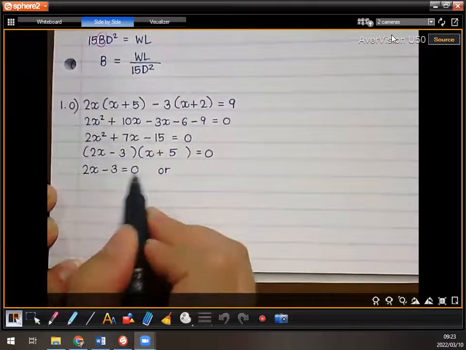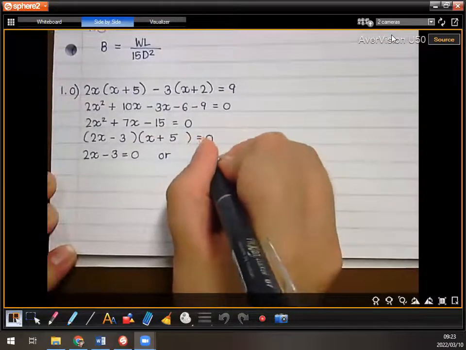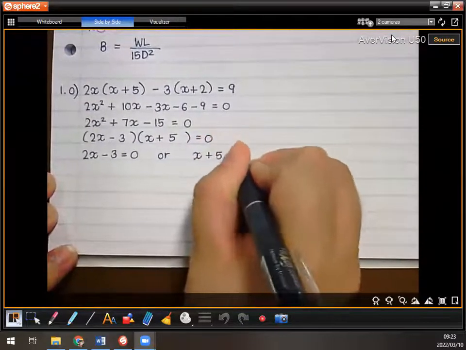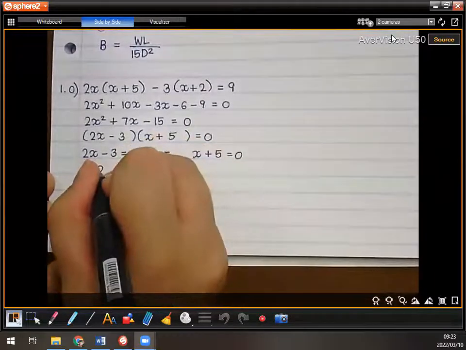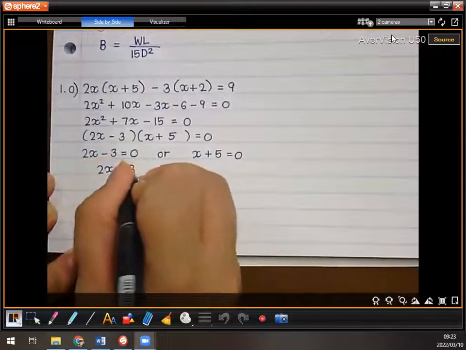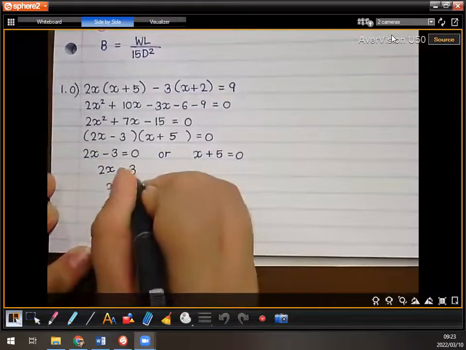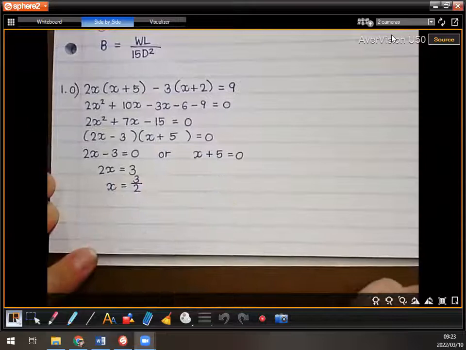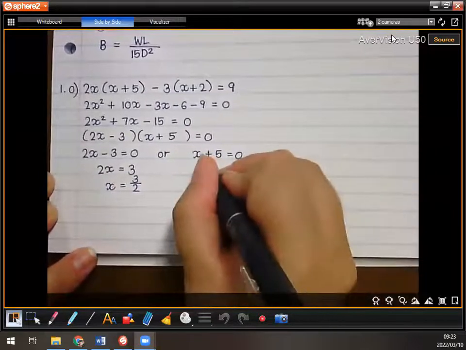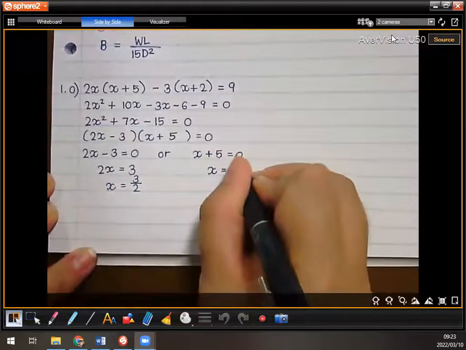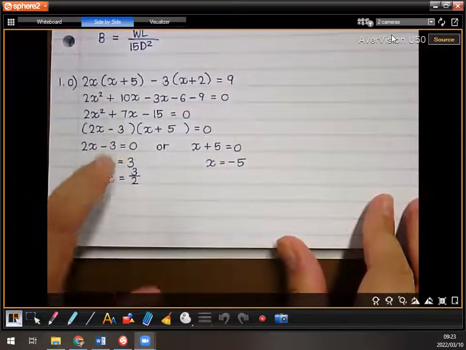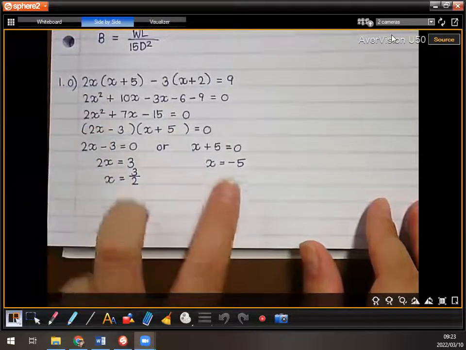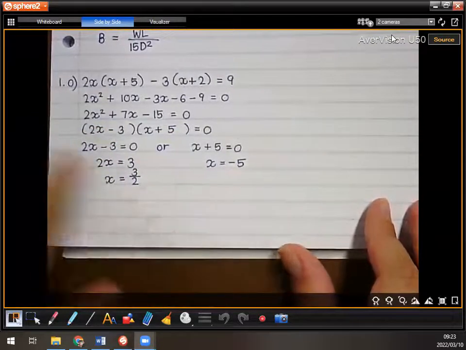So you're going to say the first bracket equal to 0 or the second bracket equal to 0. So this minus 3 is going to move across, it's going to become positive 3, and then you have to divide by 2. Right, from the other one, you're going to get x equals negative 5. As I think I said 2 days ago already, you can go straight from your brackets to your two answers if you're able to do that in your head.